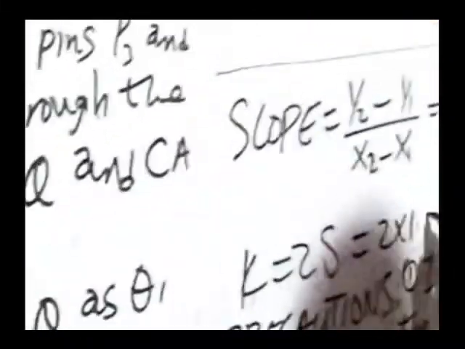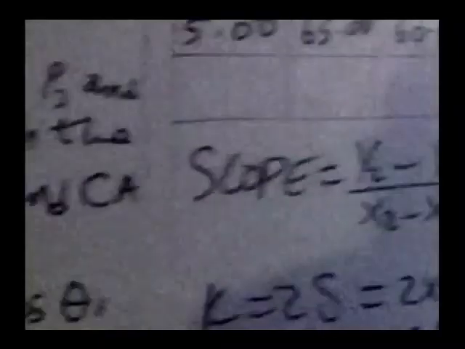So k is 2 times 1.24, which is equal to 4.8.